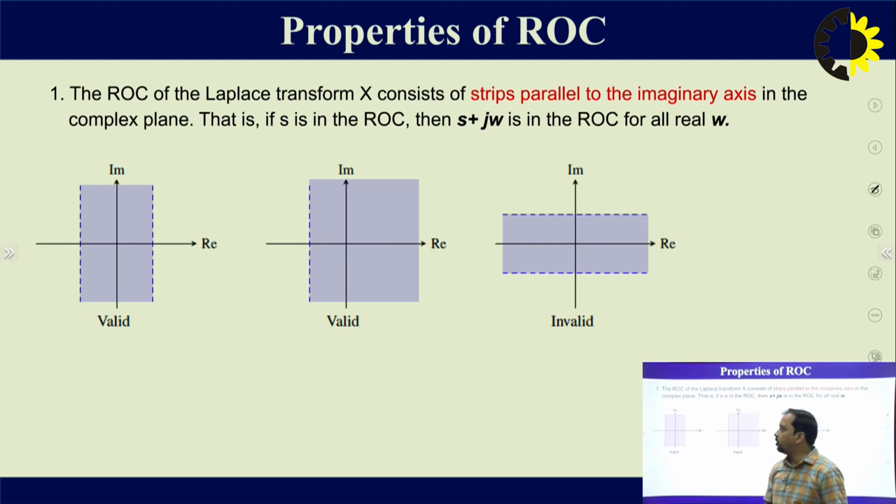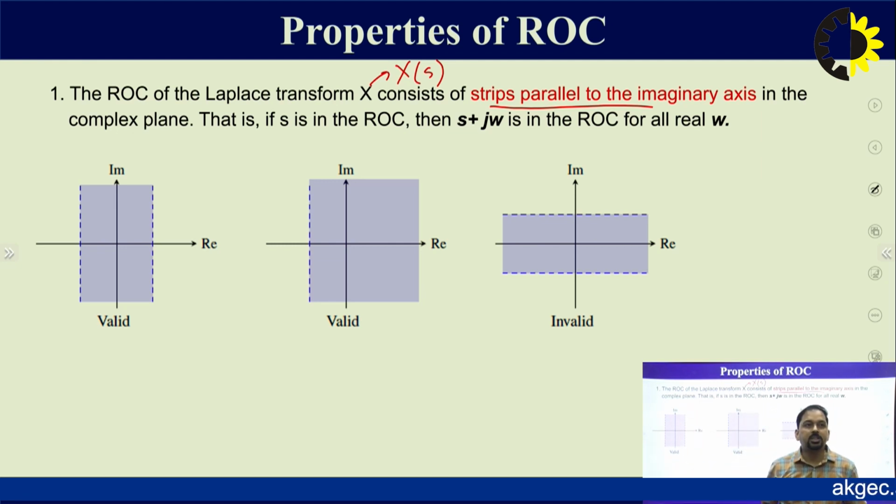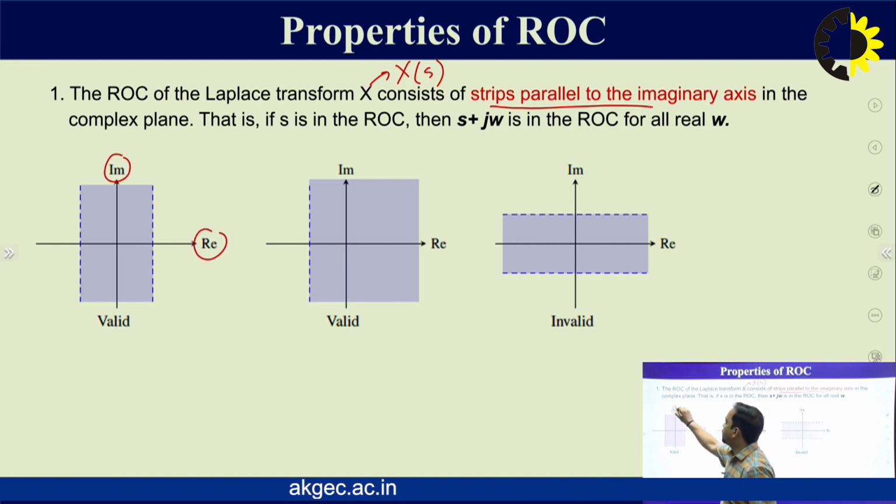First of all, the ROC of the Laplace transform, capital X of s, consists of strips parallel to the imaginary axis. That means we have the imaginary axis and the ROC is in the form of a strip parallel to the imaginary axis in the complex s plane. We are talking about the complex s plane.